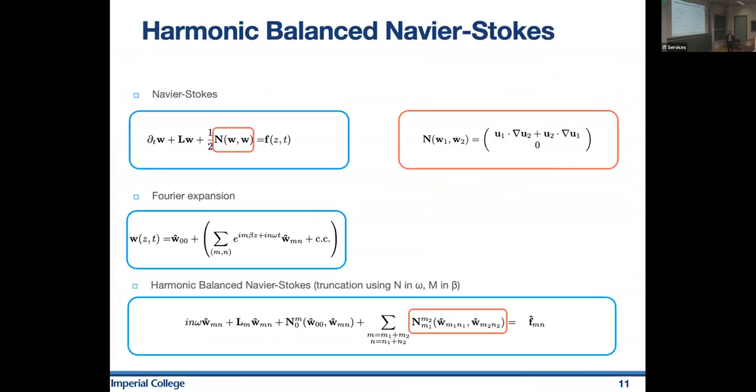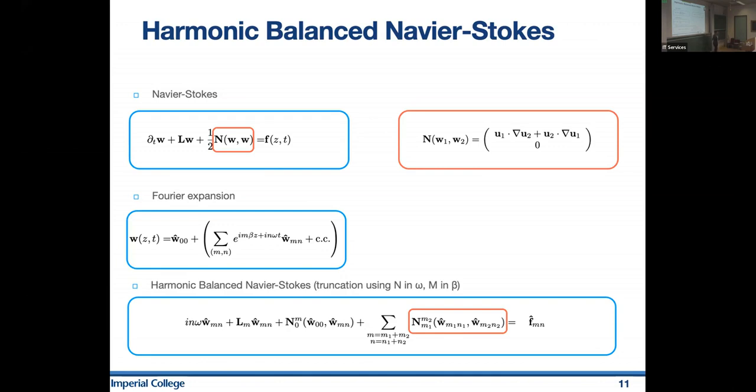So we will start with the Navier-Stokes equations, retaining the nonlinear terms, and I will introduce a Fourier expansion in there, keeping an arbitrary number of harmonics both in omega and in span-wise direction z. I will introduce this expansion in the Navier-Stokes equations, and I will do what is called the harmonic balance.